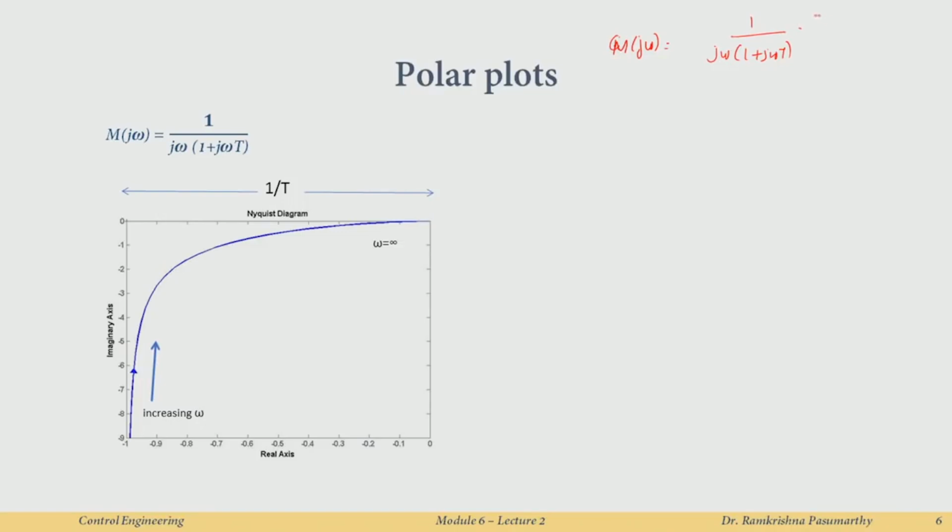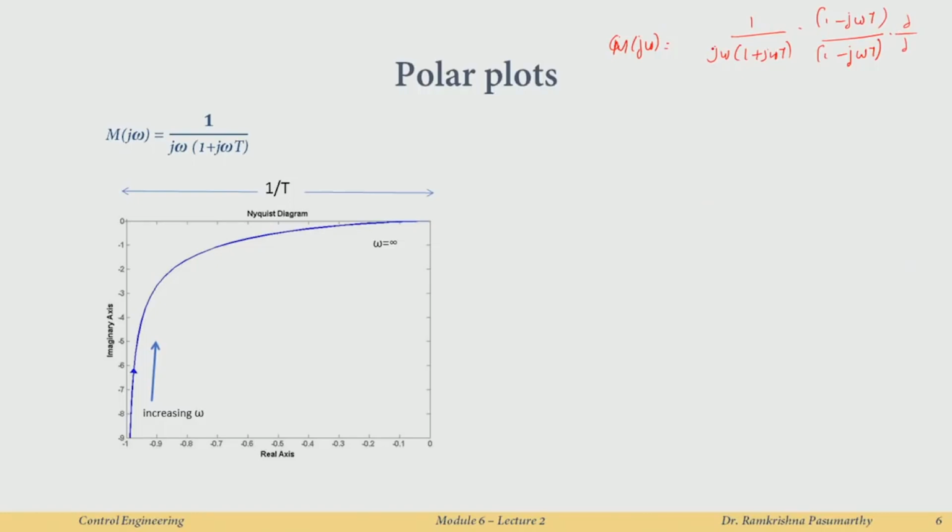So I multiply and divide by 1 minus j omega T. Similarly for this term, I multiply the numerator by j and the denominator also by j, just to get rid of the j in the denominator this way.